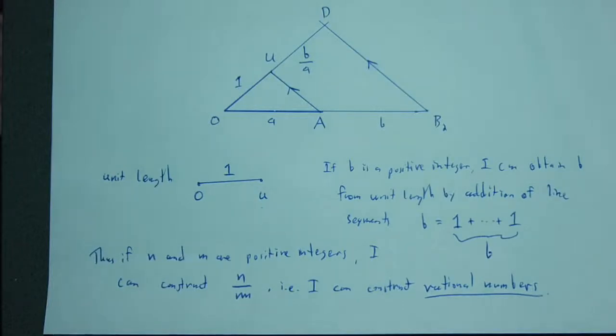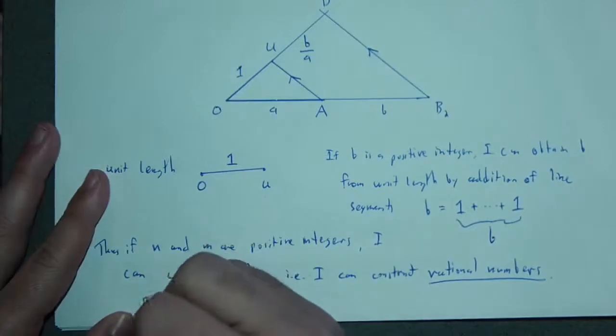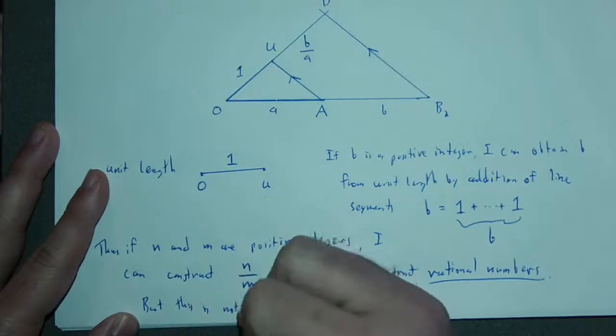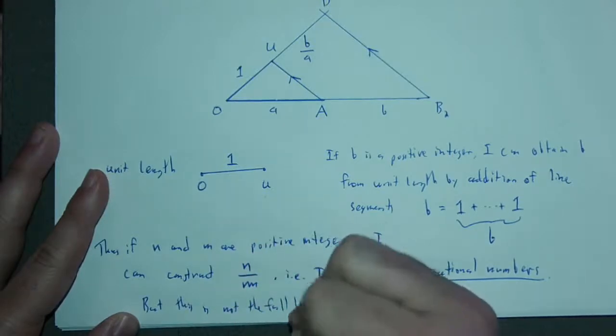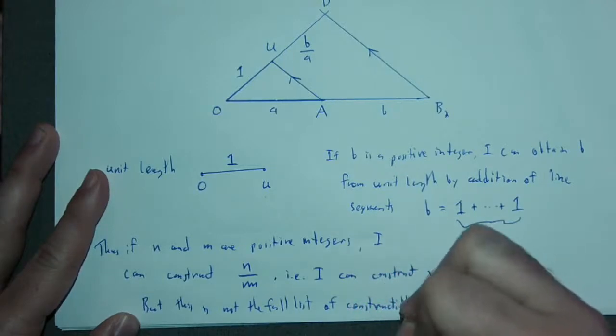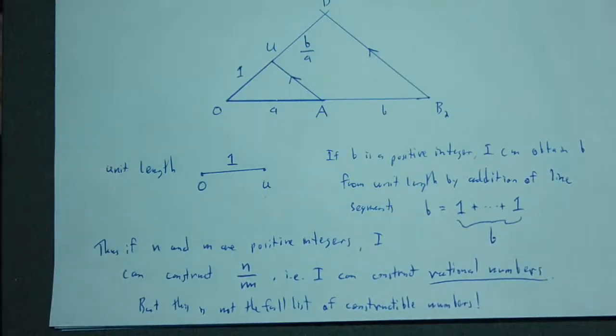And so the set of all constructible numbers, that is, numbers that could be constructed in this way using compass and straight edge, are not the same as the rational numbers. There are more constructible numbers. This is not the full list of constructible numbers. As we'll see, there's a very simple construction that shows that this isn't the case.